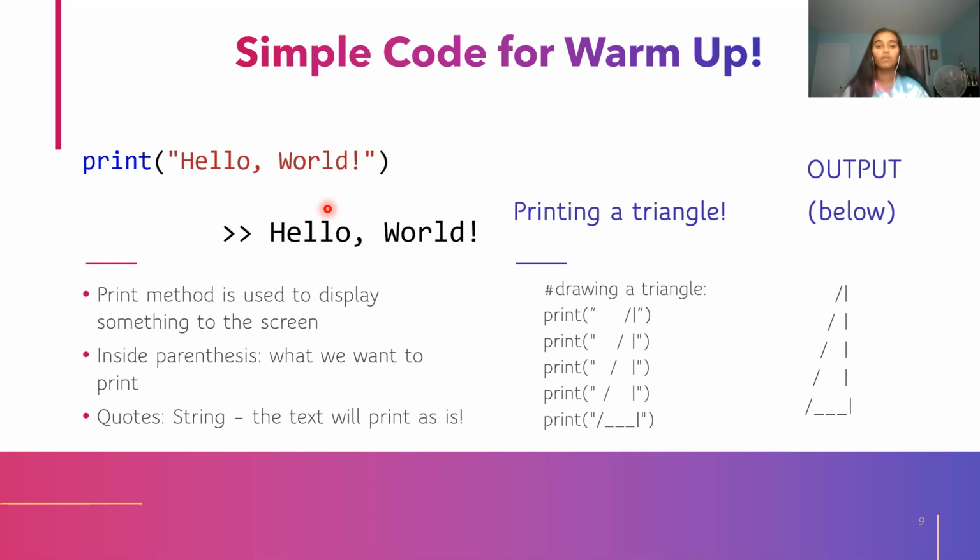I'm typing hello, comma, world, exclamation mark, and then I'm closing everything off. What this command will do is output hello, comma, world, exclamation mark in a console. Why? Because I told the print command to take whatever's inside the parentheses and just plop it onto the screen as it is.